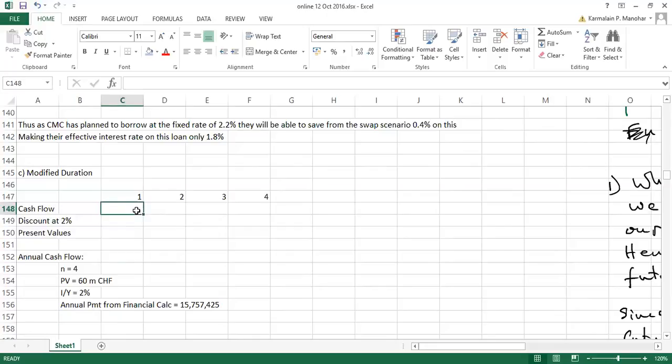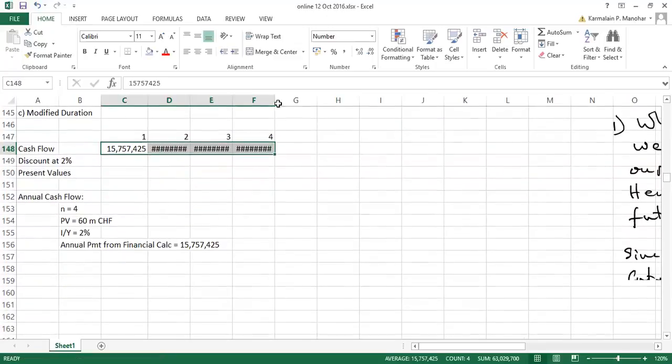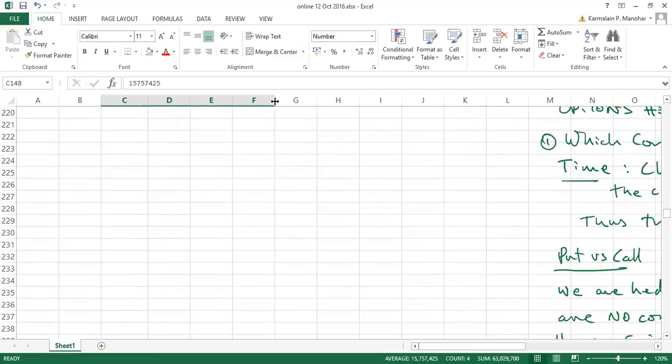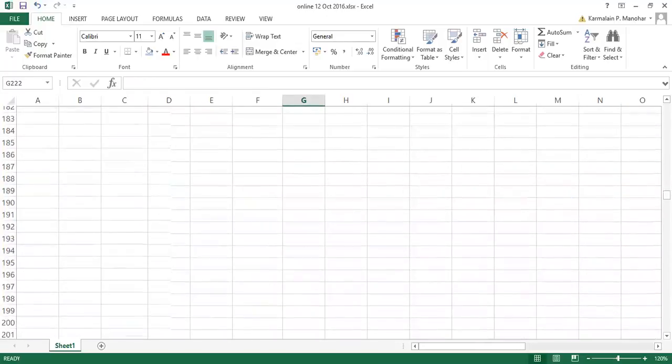So our cash flows are now 15,757,425. We could use our values, 15,757,425, and copy that across for 4 years. Okay. I just scrolled down too far. Let me get back to where I am supposed to be.